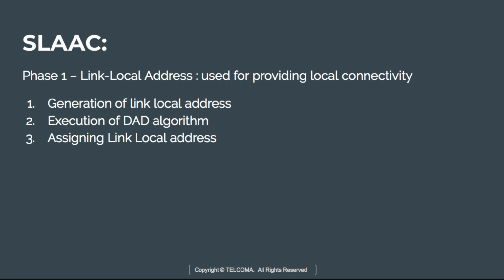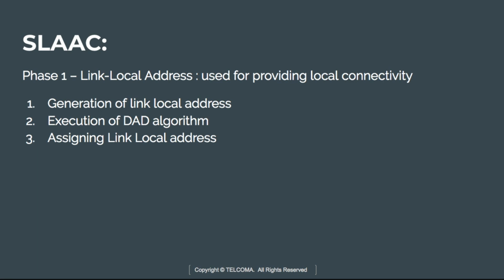If there is a reply, then the address is a duplicate, and if there is no reply, it is not a duplicate address. If the address is a duplicate, the process ends there, and the operator must look into the address and can assign a unique one manually. After that the next process is the assignment of the link local address.